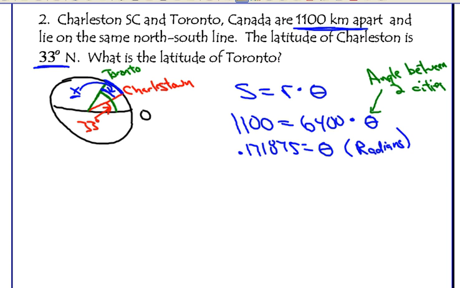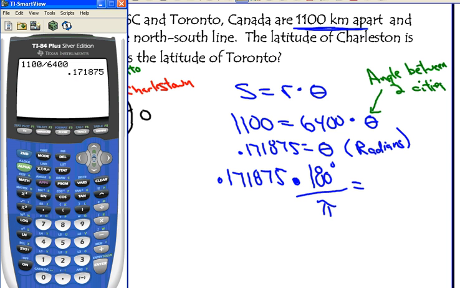We've got this 33 degrees northern latitude. We'll want to give the Toronto latitude in degrees. So I want to take this 0.171875 radians and convert it to degrees. I'm going to multiply by 180 degrees over pi radians, because that's my conversion factor.